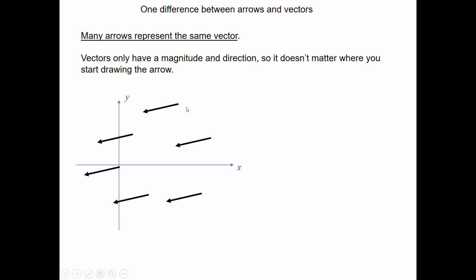It's still pointing in the same direction in space in terms of orientation, and it still has the same magnitude. So you can always move your vectors around as long as you don't change the direction or the magnitude of them.